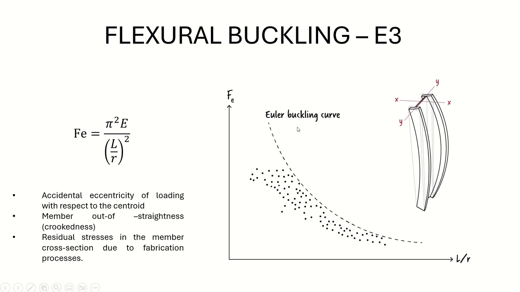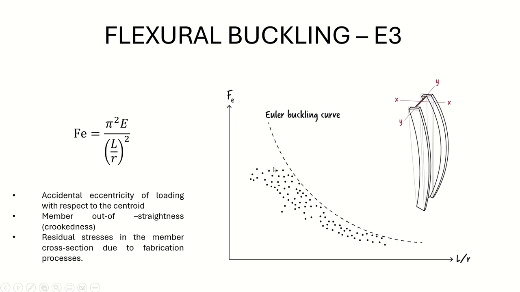If we first review the Euler equation for buckling, it is this dashed curve, but if we compare it with real tests done on real columns, you can see that in this part it's a very good approximation of the real test curve, but there is a limit here.